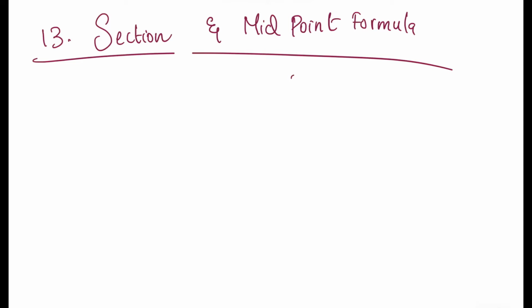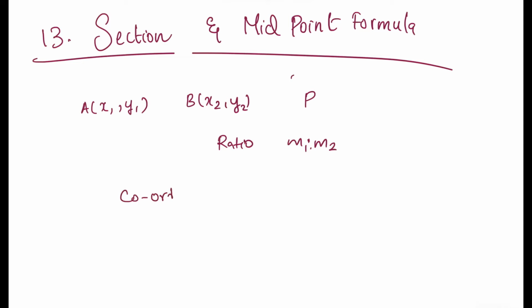So, if AB is the line joining the point A (x1, y1) and B (x2, y2), and the point P divides the line segment in the ratio m1 is to m2, then how do you find the coordinates of P?